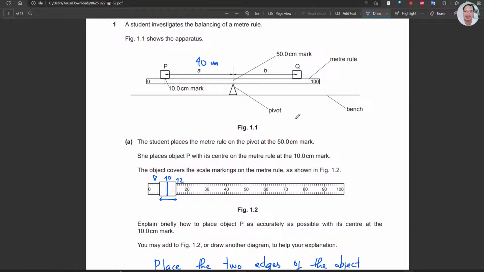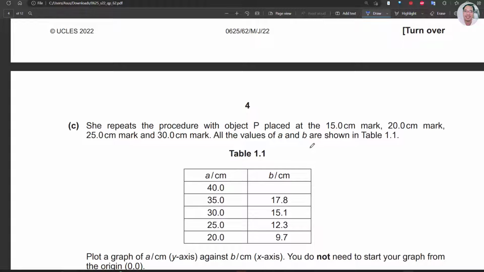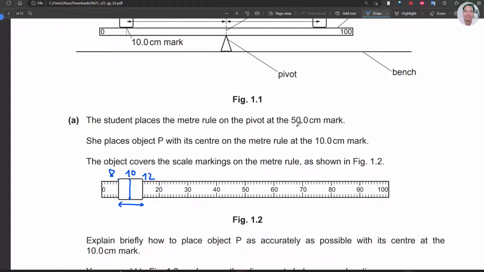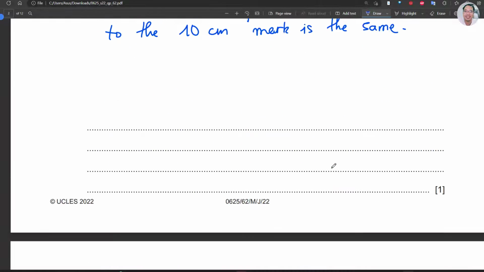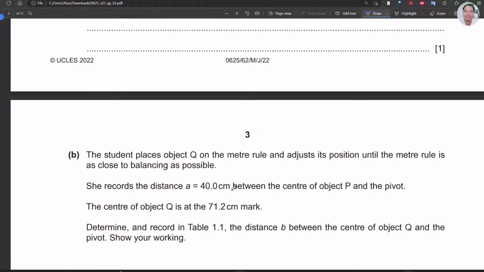So the distance CB is simply no calculation about the torque. You simply just subtract here. You simply subtract 71.2 from 50 because the pivot is at 50 here, and the center of Q is at 71.2 here.